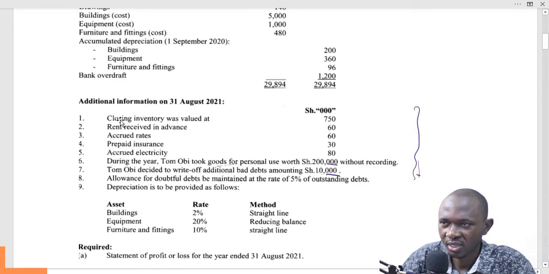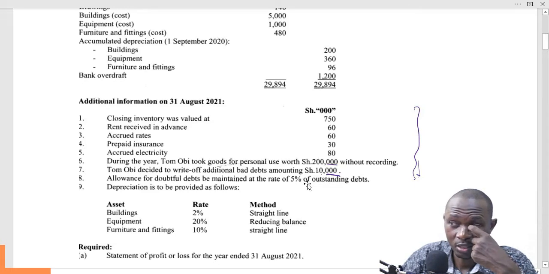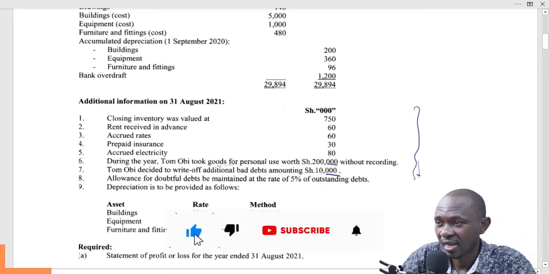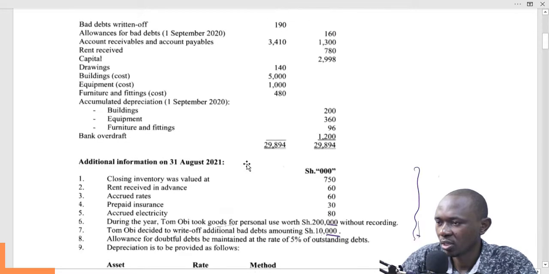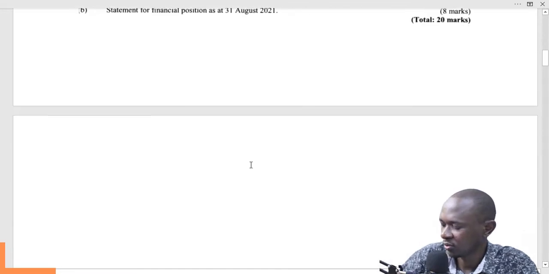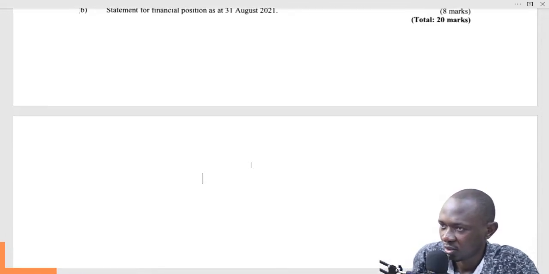Closing inventory, rent received in advance, accrued rates, prepaid insurance, accrued electricity. Then you have the drawings of worth 200,000 of goods, write-off of additional bad debts, allowance for doubtful debts, and then depreciation. So we'll go straight to the question and try to tackle it as we move along.